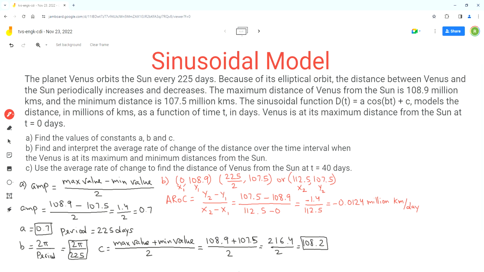That means Venus is moving closer to the Sun at this rate.